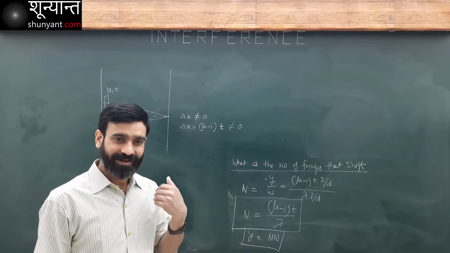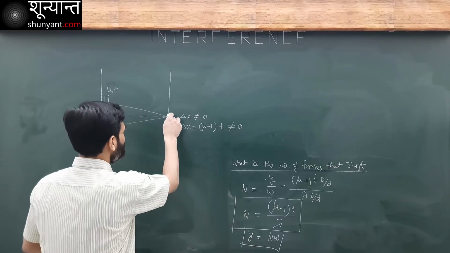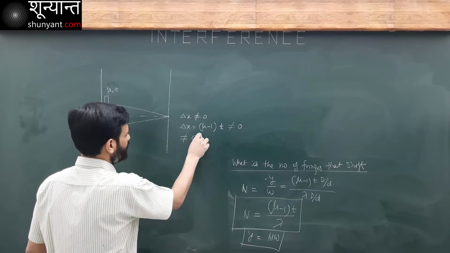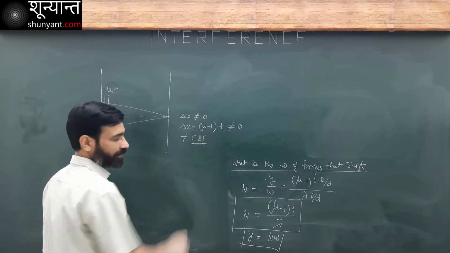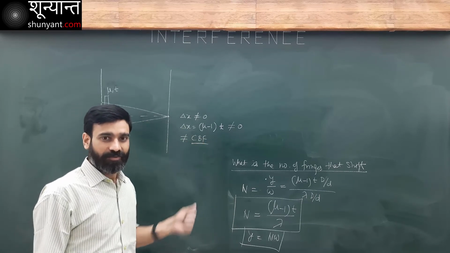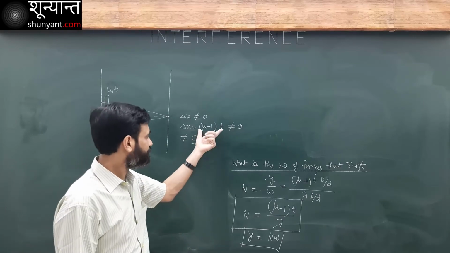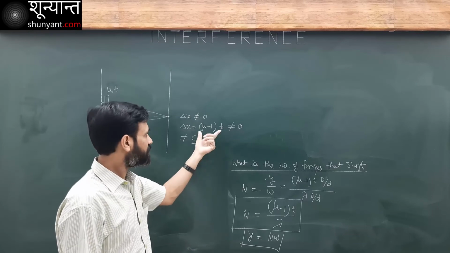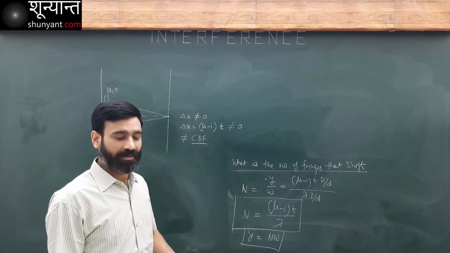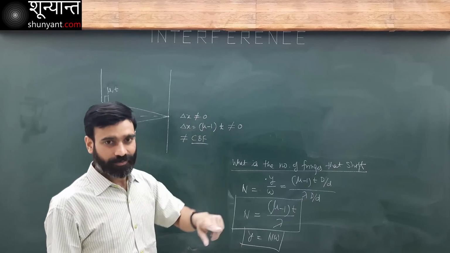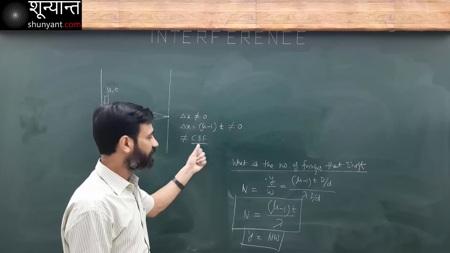At this point, I am not going to get central bright fringe. But can it be a bright fringe? Depending on this path difference, it can be a bright fringe, it can be a dark fringe, but not central bright fringe.